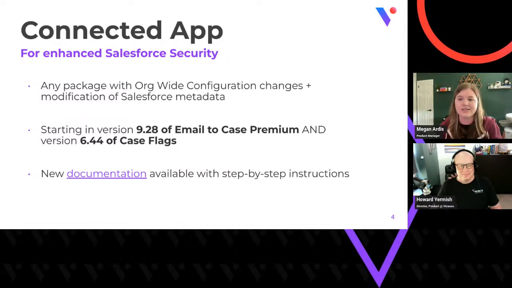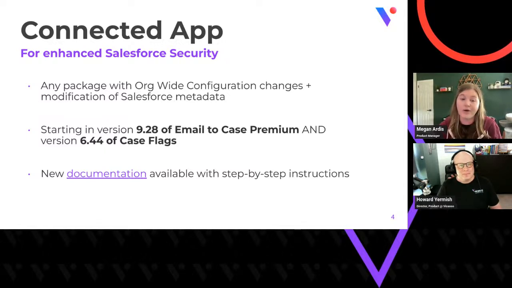One being any metadata that's altered by third parties, we're a third party, and two, to keep track of any org-wide configuration changes. For example, if you're changing an inbound email address in Email to Case Premium, they just want to know about it. We want to keep track of those changes.